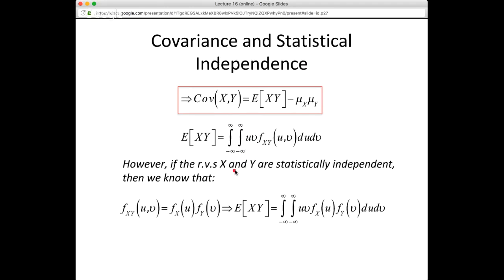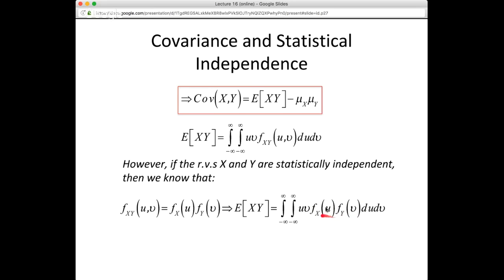However, we know if the random variables for x and y are statistically independent, then this joint PDF can be expressed as the product of the marginal PDFs for x and for y. Substituting this result, for the statistically independent case, we can replace this joint probability distribution with the product of the marginal distributions for x and y.